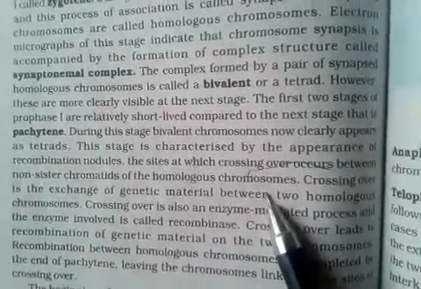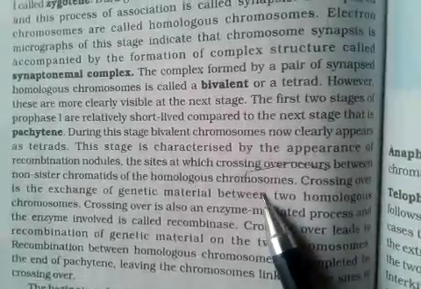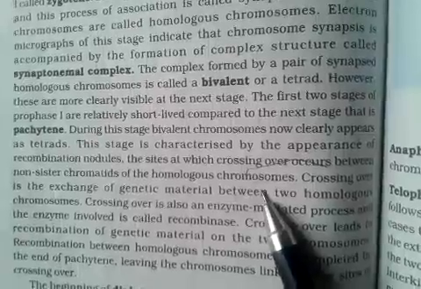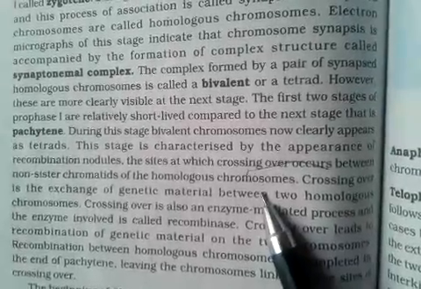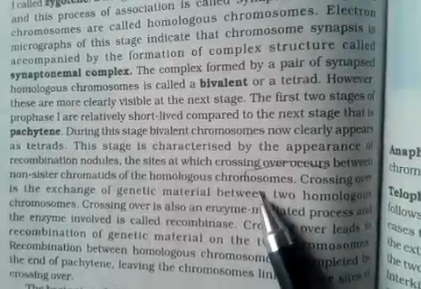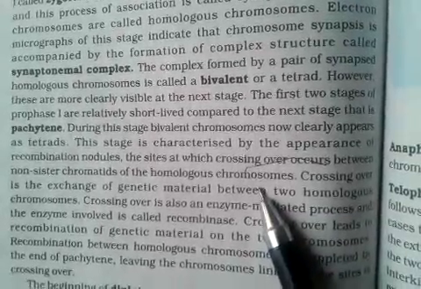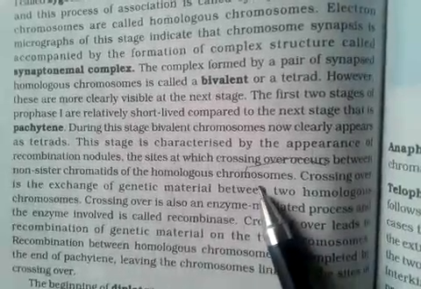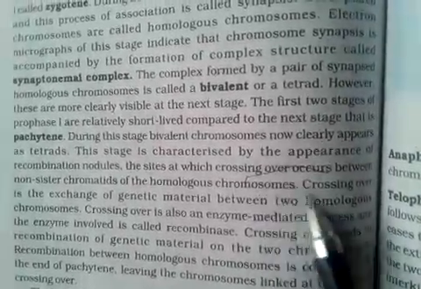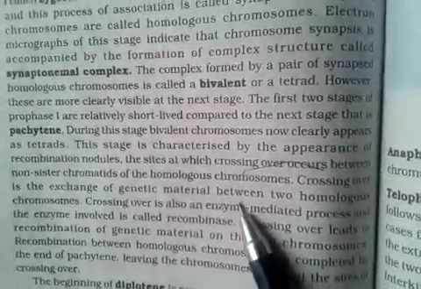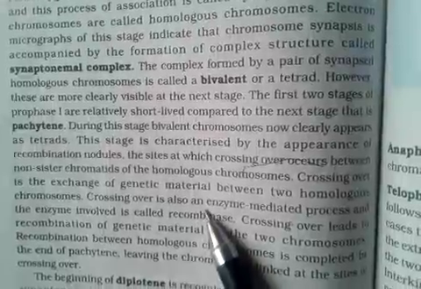As you know, in a tetrad, the homologous chromosomes get paired up. From that one pair, the tips of the chromosomes form an X, the crossing over. So what is the use of this crossing over? It ensures the exchange of genetic material between the 2 homologous chromosomes.